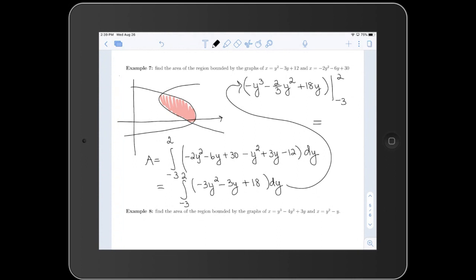I got 125 over 2. Did anybody else get this? Now let's see. Zachary, is your antiderivative the same? Did I lose connection? Am I still here? You're still good. Okay, good. So your antiderivative is the same.